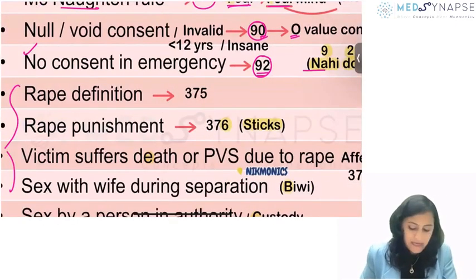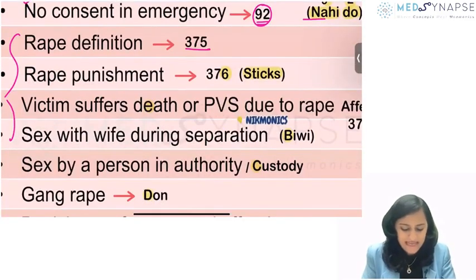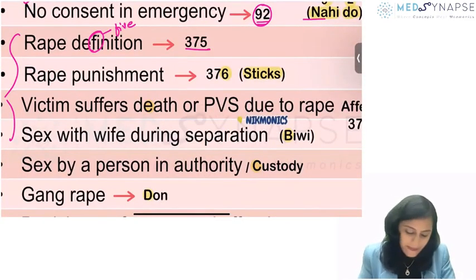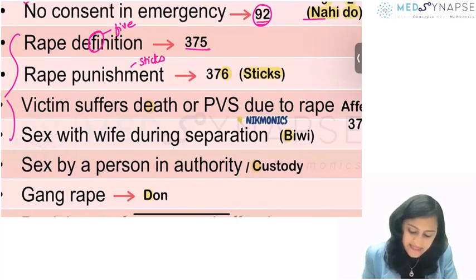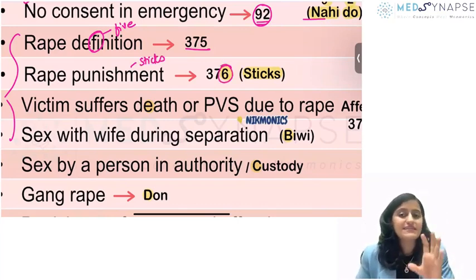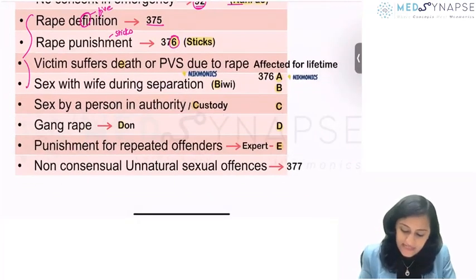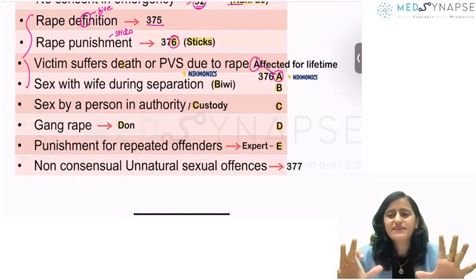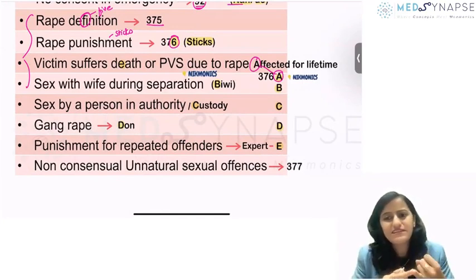Coming to rape IPCs, remember definition is 375. Punishment is giving the sticks, that is 376. So definition 5 and sticks is 376. 376A is affected for lifetime. The victim is affected for lifetime, going into vegetative state or dying.